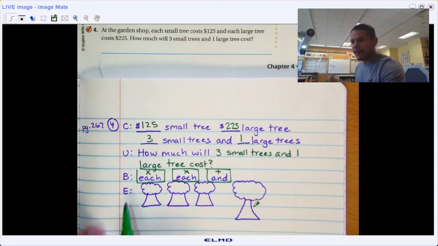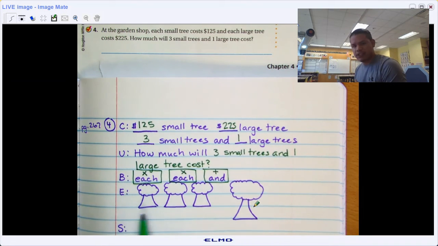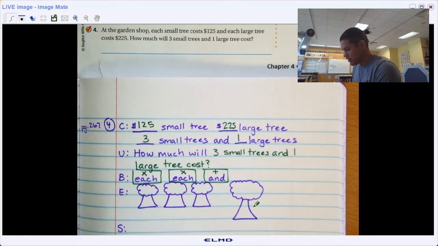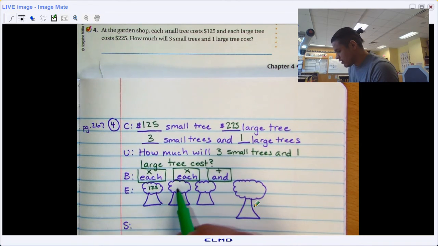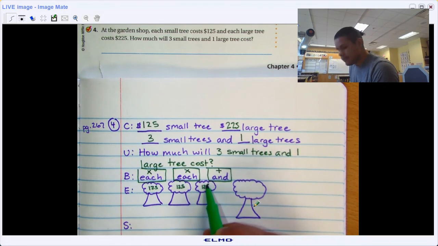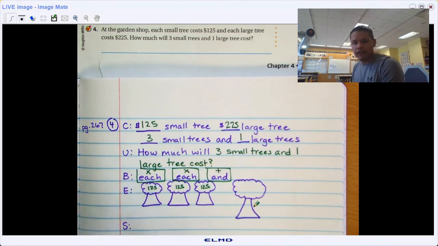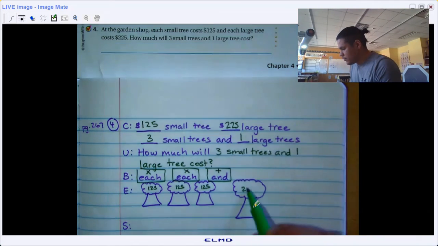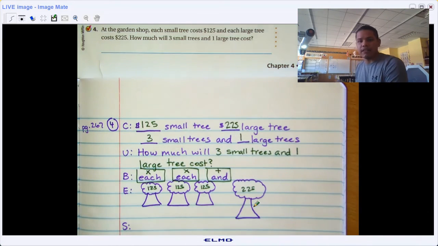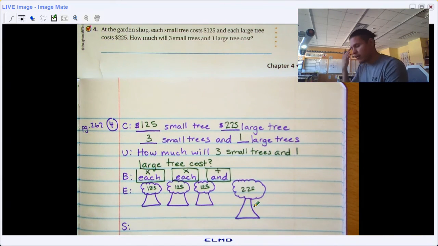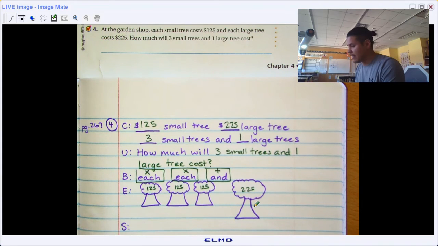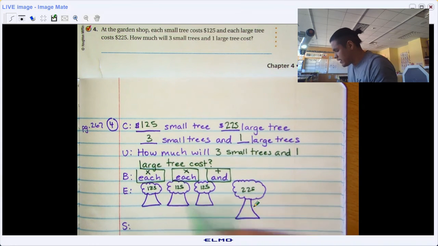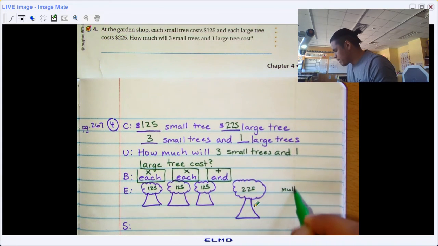Now, evaluate. When I think about this, I know that I'm purchasing 3 small trees that are each $125, okay? And 1 large tree that costs $225. So here I drew a model that can help me. Now, if you did it the way that I showed you in the last example, this is what it would look like. It is multi-step.